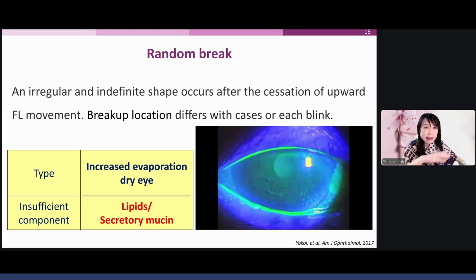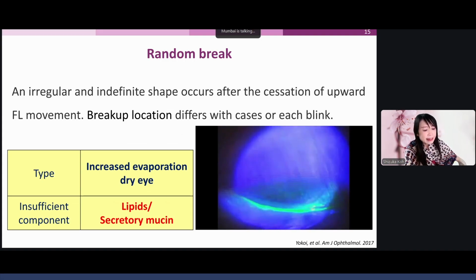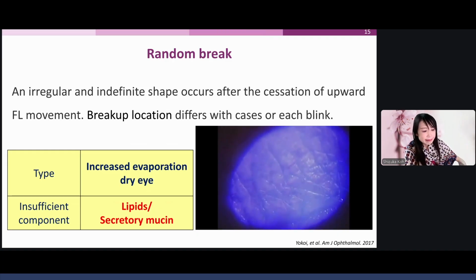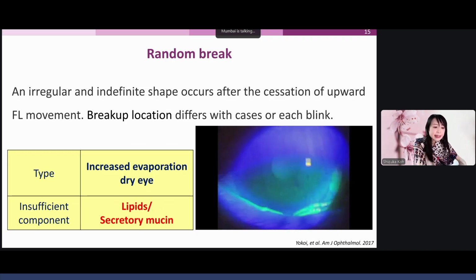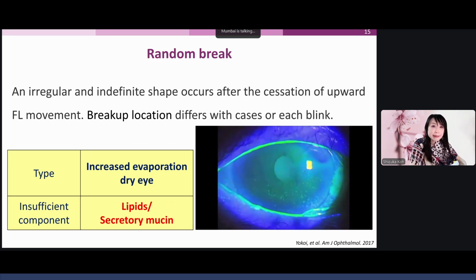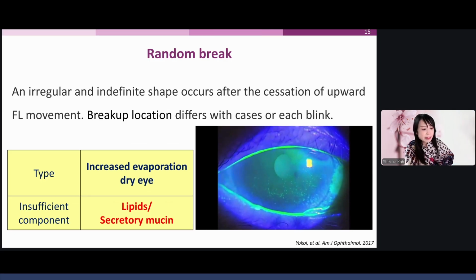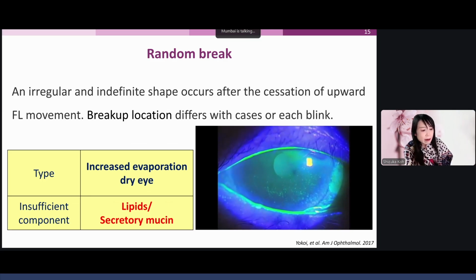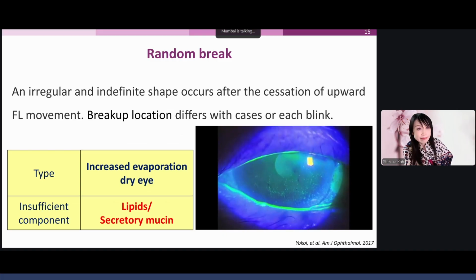After every upward movement, the breakup pattern and breakup location differ each time. It is usually related to lipid layer abnormality. So simply observing the breakup pattern already tells us where to start treatment.